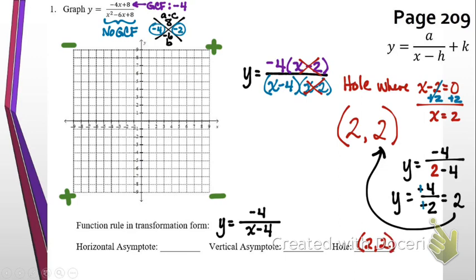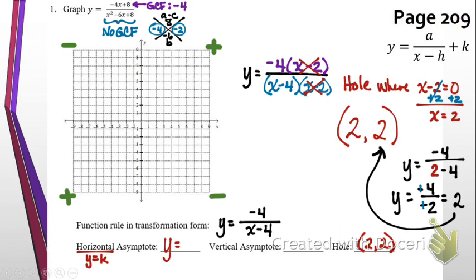Can you tell me where the horizontal asymptote is going to be? Horizontal starts with what? Y. Horizontal back and forth has to go through our y-axis. So this is y equals, horizontal is always going to be a y equals k.